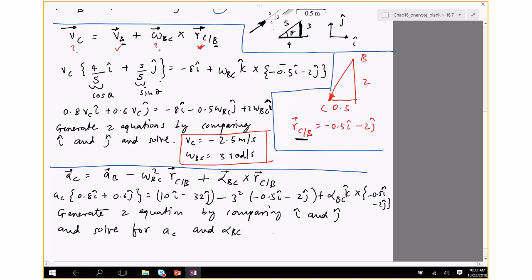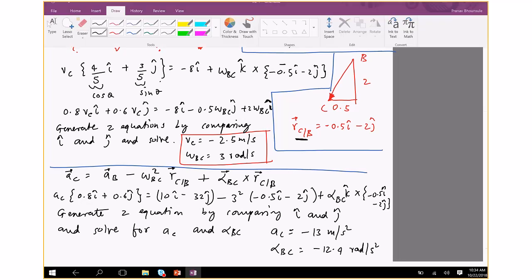So AC comes out to be minus 13 meters per second squared, and alpha BC, which was not asked, but you can also find, is 12.4 radians per second squared. The negative indicates in both cases that the acceleration is opposite to what I assumed, and the acceleration is clockwise.